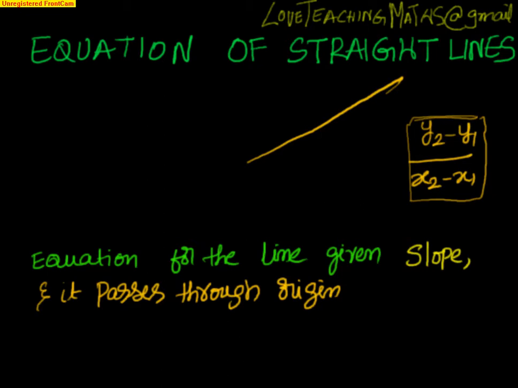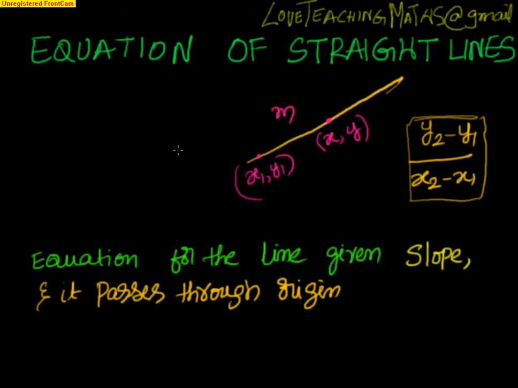To form the equation, always our approach will be to take the slope or whatever the points we have been given, and also take an arbitrary point x comma y. Now leveraging this point and equating the slopes, we will be finding out the equation of the straight line. Let me repeat again here. Suppose I have a point here x1 comma y1, and I have been given the slope as m.